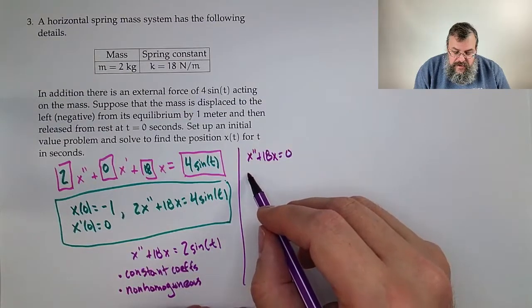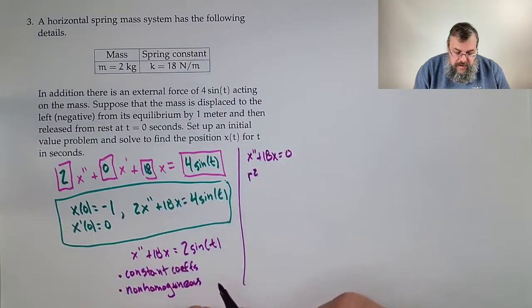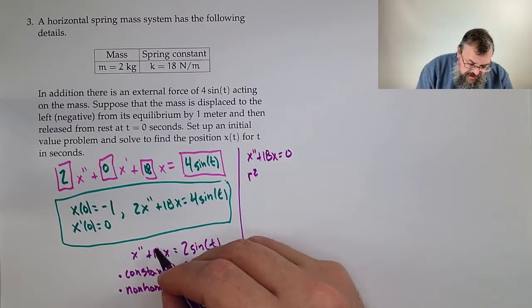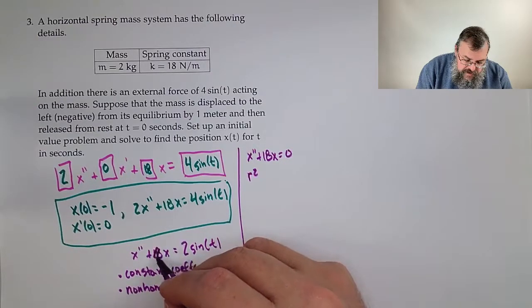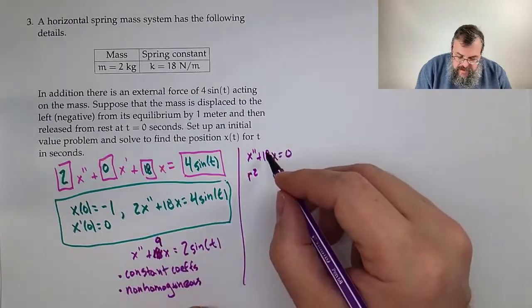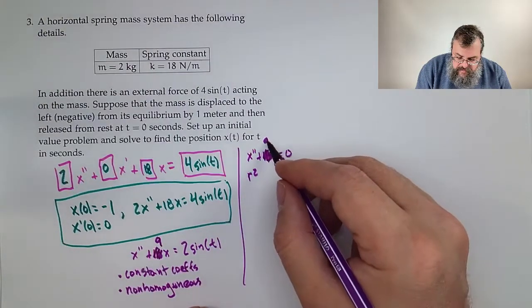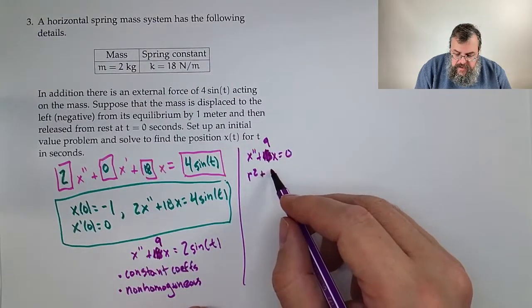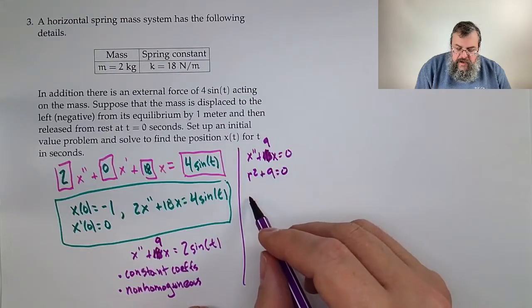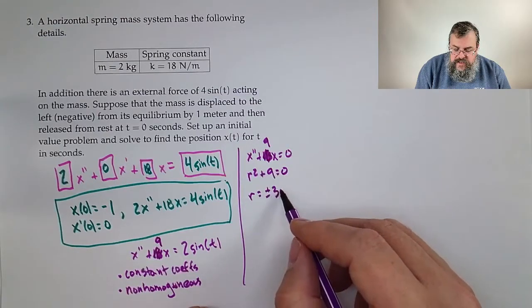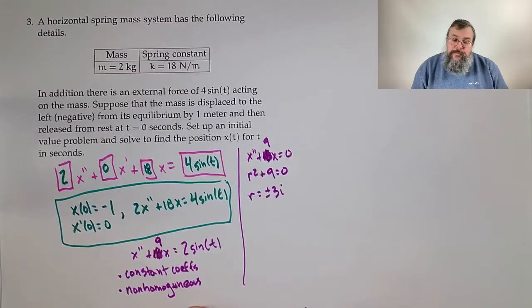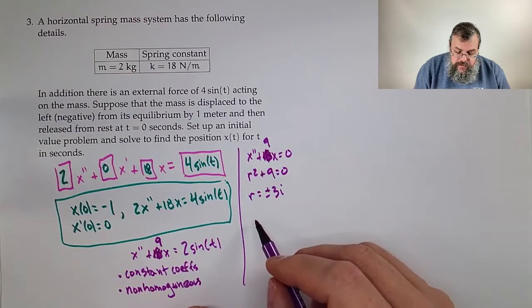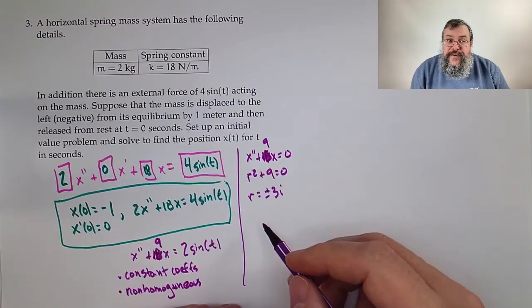Turn this into a polynomial problem. Whoops, why did I say 18 here? I forgot to divide the 18 by 2. That's 9. That doesn't look like a nice number. So r squared plus 9 equals 0. Says our roots are plus or minus 3i. Okay, that's not bad. Complex roots, pure complex roots.